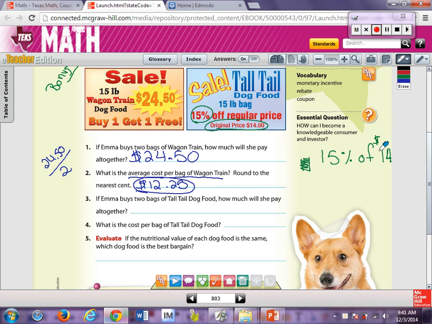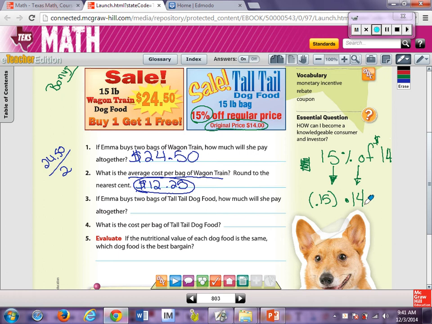So here, we're going to make a little equation. We know that we never deal mathematically with percents with the percent sign on them. We turn them into decimals. So if I move the decimal twice, I get 0.15. I told you guys the other day that the word of in word problems means to multiply. And then now we multiply it times 14. So what is 15% of 14? I'm going to go ahead and do some quick math here.